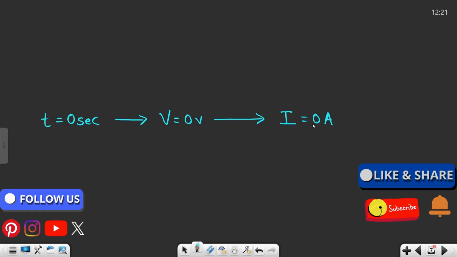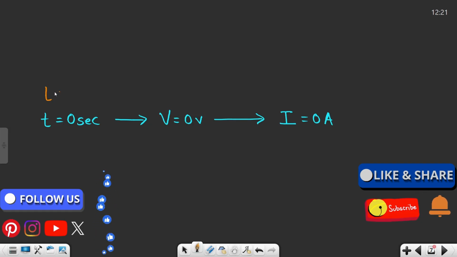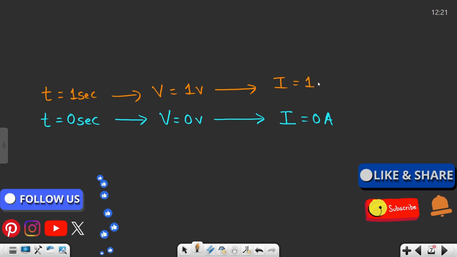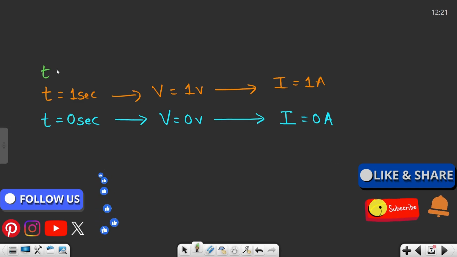Then let's say my time increases to 1 second. At 1 second we have voltage as 1 volt, and let's assume current as 1 ampere. At t equals 2 seconds, the voltage is 2 volts and current is 2 ampere.